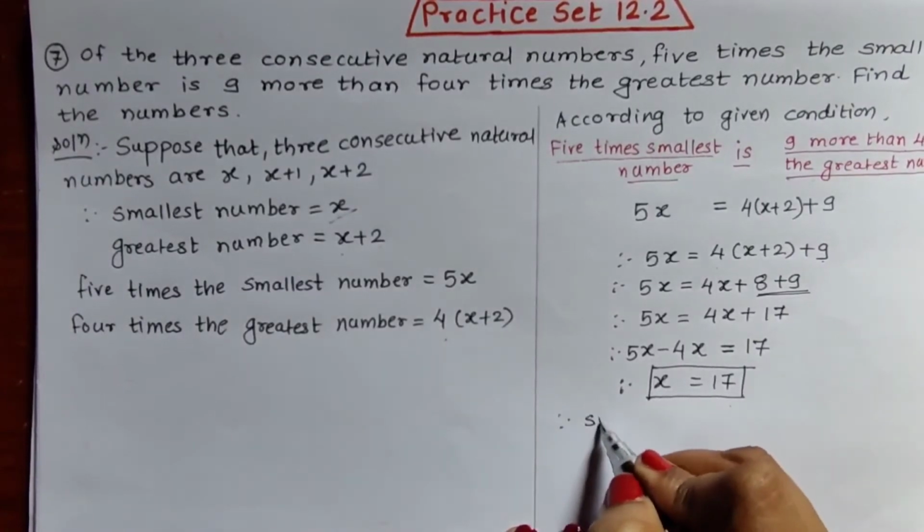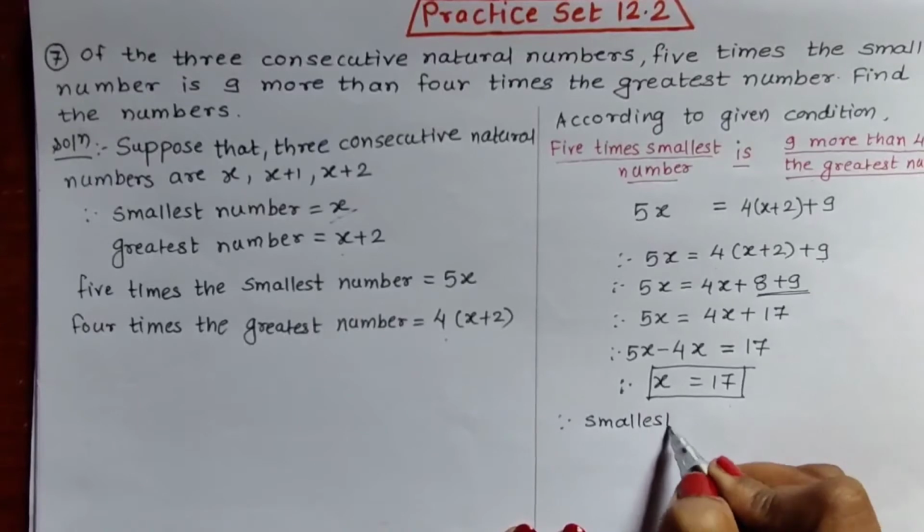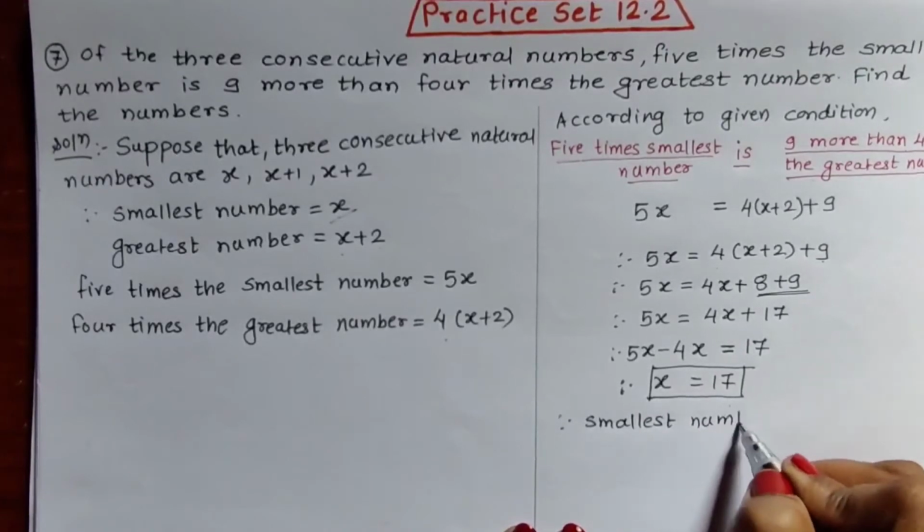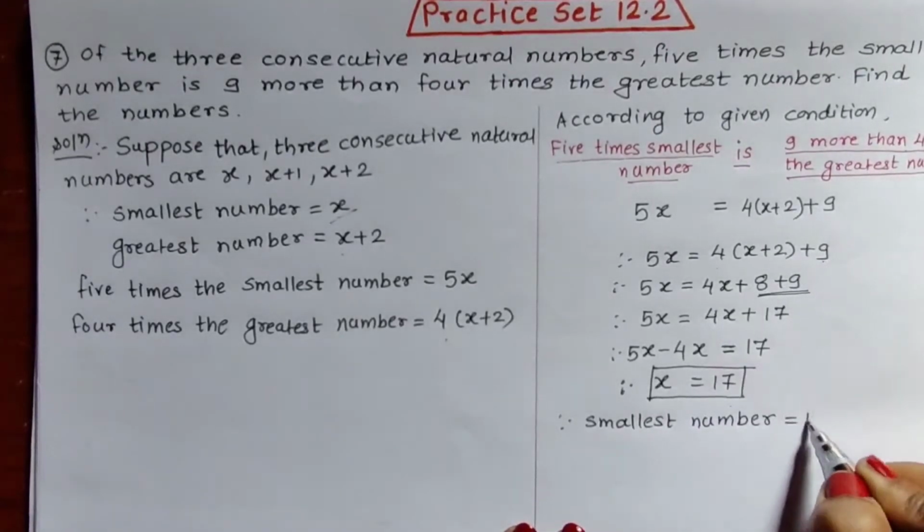Therefore, smallest number is equal to 17.